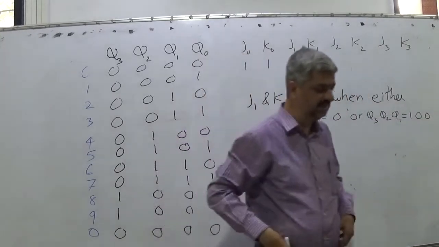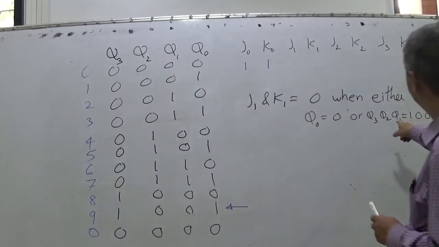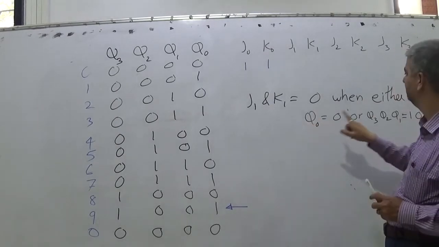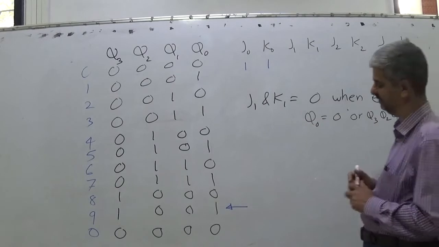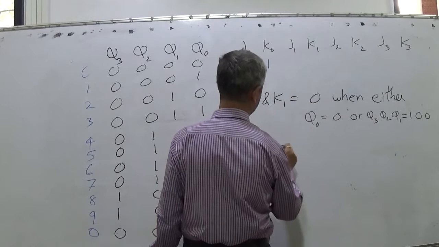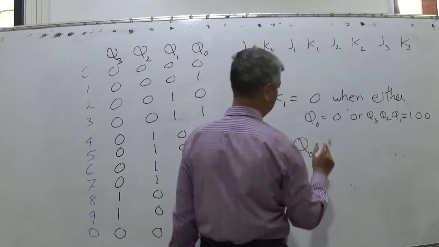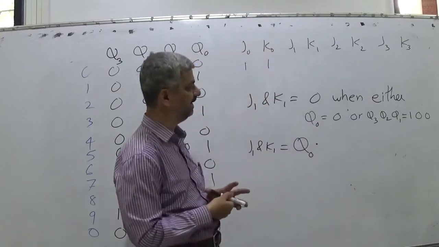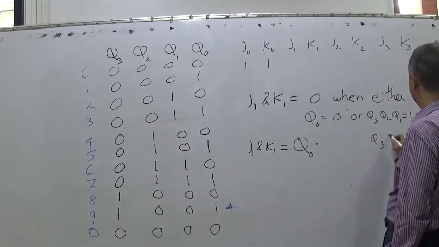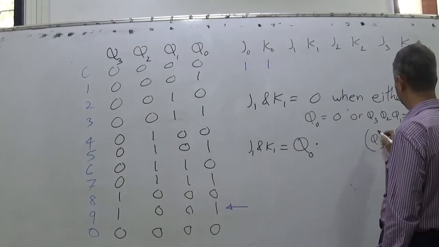In both of these cases it should be 0. If it is Q0 being 0, then it is 0. If this is 1, 0, 0, it should be 0. So J1 and K1 is equal to Q0 ANDed with the complement of (Q3 AND Q2 bar AND Q1 bar).